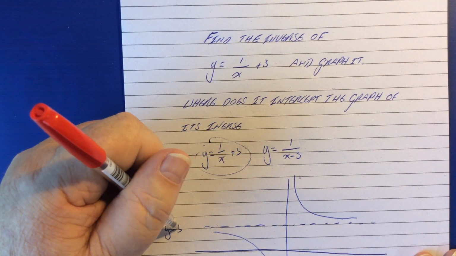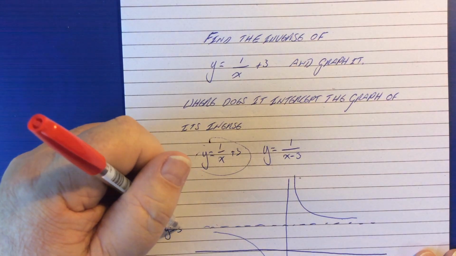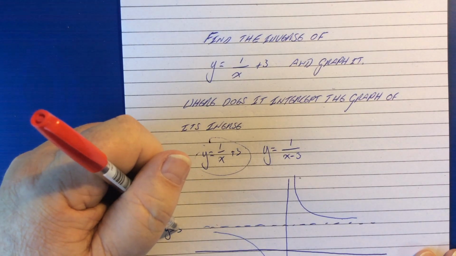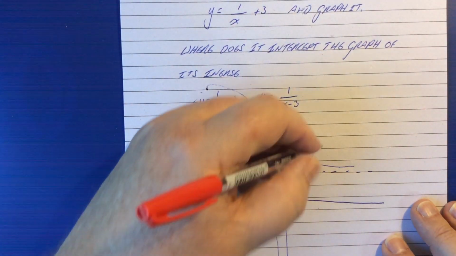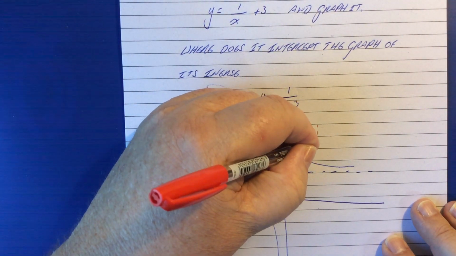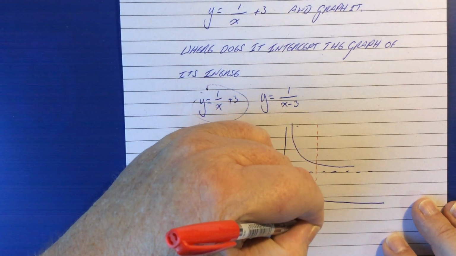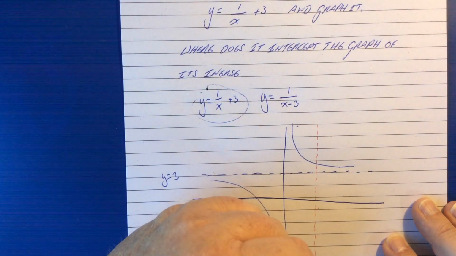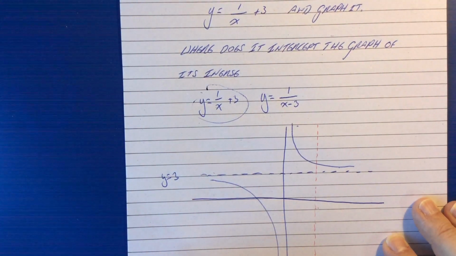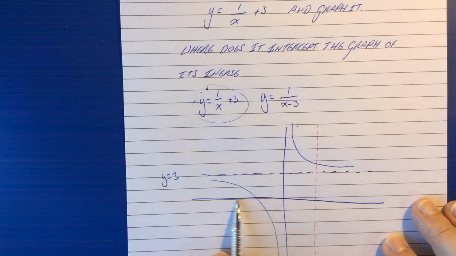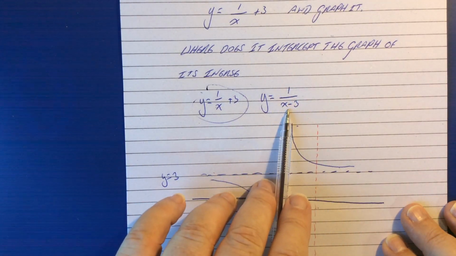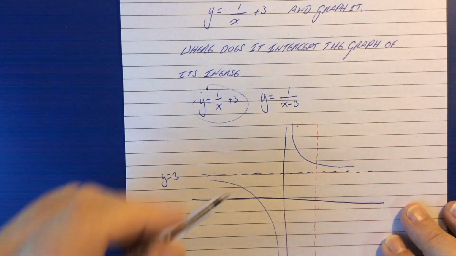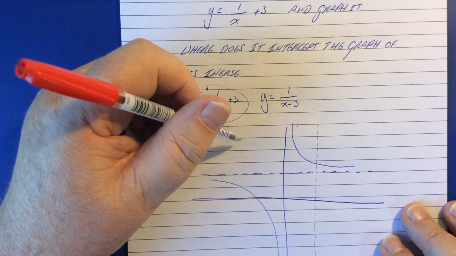Because this was the y asymptote, it now becomes the x asymptote, and so the x asymptote is here at x equals 3. And it's this line here that now becomes the other asymptote for this. So let's just see what this looks like.